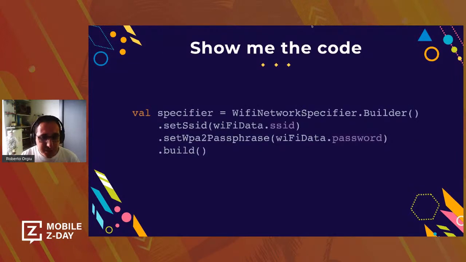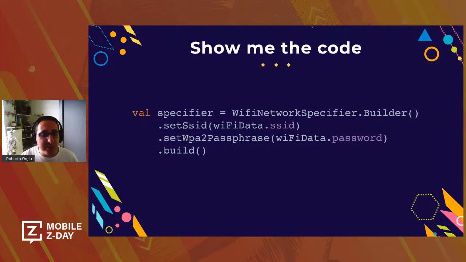The first step that we need to take in order to get to these new requests is creating a specifier. How do we do that? Well, there is a new object called WifiNetworkSpecifier that will host a builder.